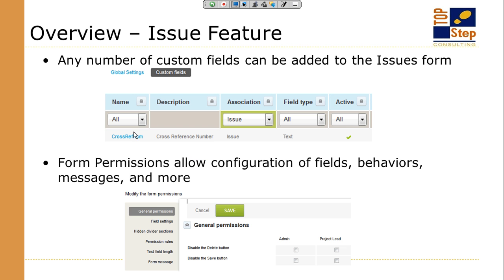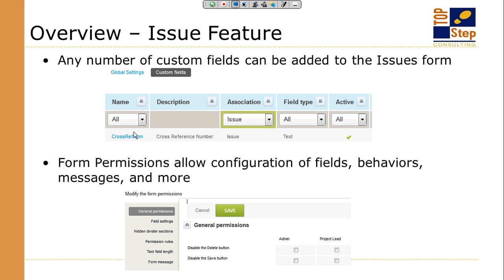And then of course I've talked about the custom fields. Any number of custom fields can be added to the issue form. And then there is a form permission control of the issue form, similar to your other forms like project properties and user demographic. And it has the same type of controls where you can disable the delete and save button and hide and require and read-only fields.